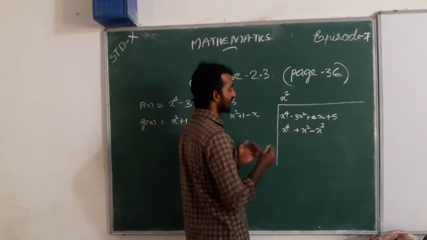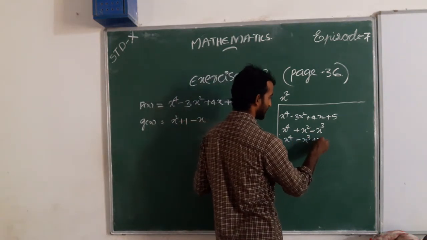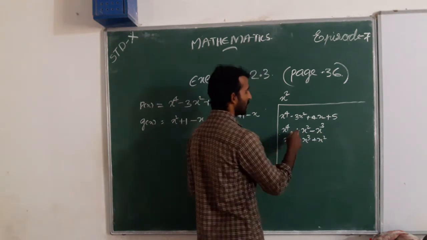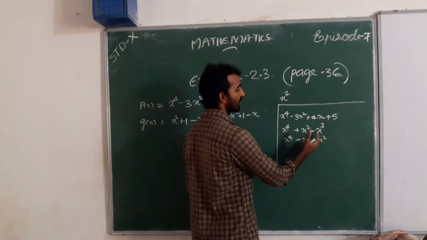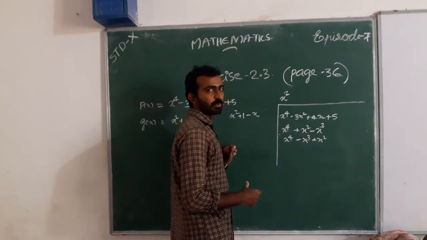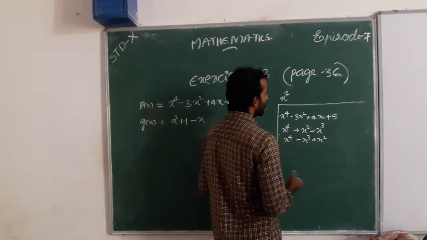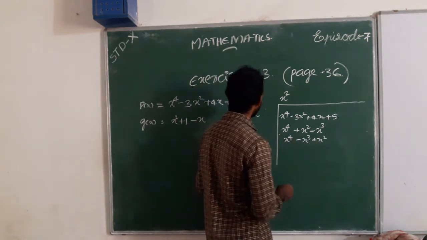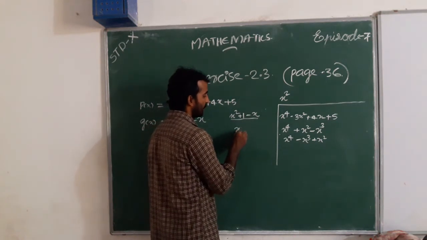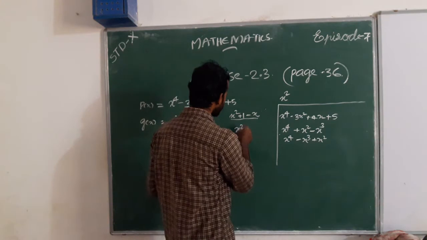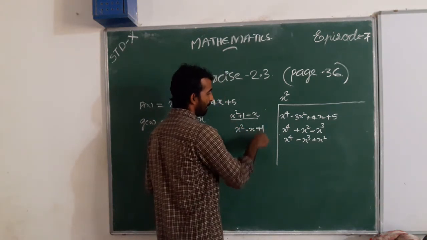We can rewrite it as x raised to 4 minus x cube plus x square. We change the position of x square and x cube, for an easier step of simplification. We can rewrite the divisor in this form: x square minus x plus 1.